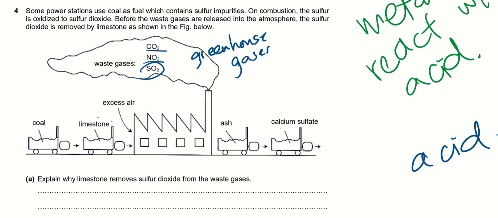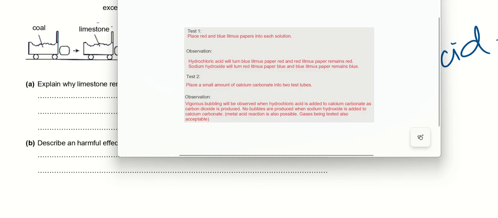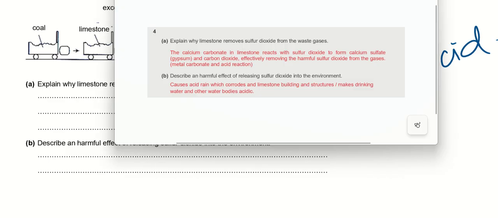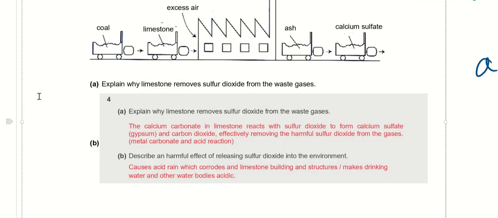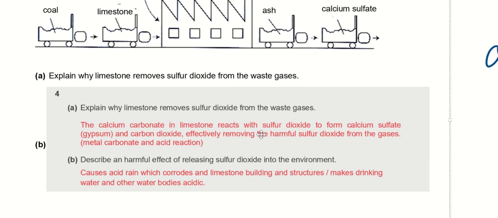So explain why the limestone removes sulfur dioxide from the waste gas. I'll just copy the answer and show you all. The calcium carbonate in limestone. How do you know calcium carbonate is present in limestone? Maybe not really in our G2 syllabus.